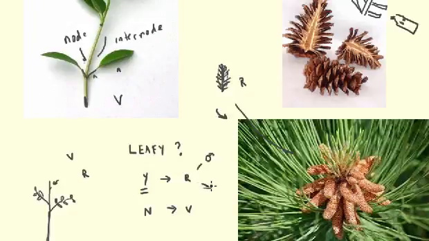Or is it going to become female, like the pine cones that will actually produce the seeds? Those are the ones that we normally call pine cones. And basically there must be a different set of rules that will determine, once we establish that we're going to be reproductive, whether those cones are going to develop as female or male.